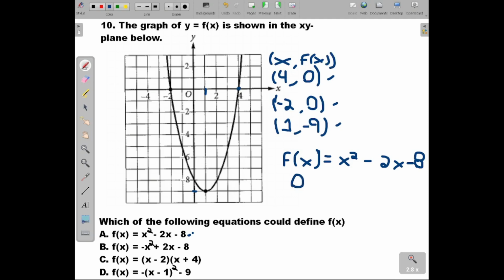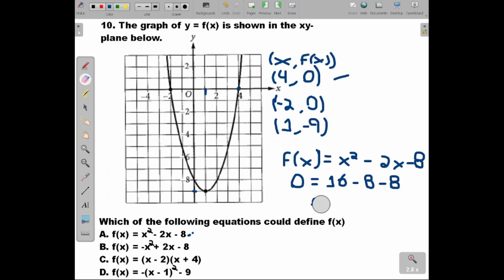So 0 should be equal to, x is equal to 4. 4 squared is 16, minus 2 times 4 is negative 8, minus 8. So 16 minus 8 is 8. 8 minus 8 is 0. So 0 is equal to 0. That's consistent. So the first point belongs to this graph.